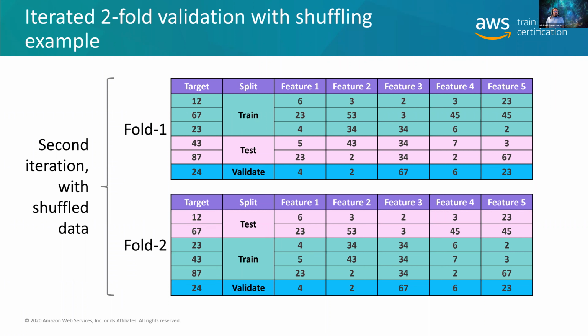Do the number of iterations typically match the fold number? Yes, typically they do. But I've seen people not do it that way. This is what most people do, but I would say experiment with it and see what you're going for. I've had people who are deeper into the math say, nah, we're doing iterated 5-fold, but we only need 3 iterations for that.